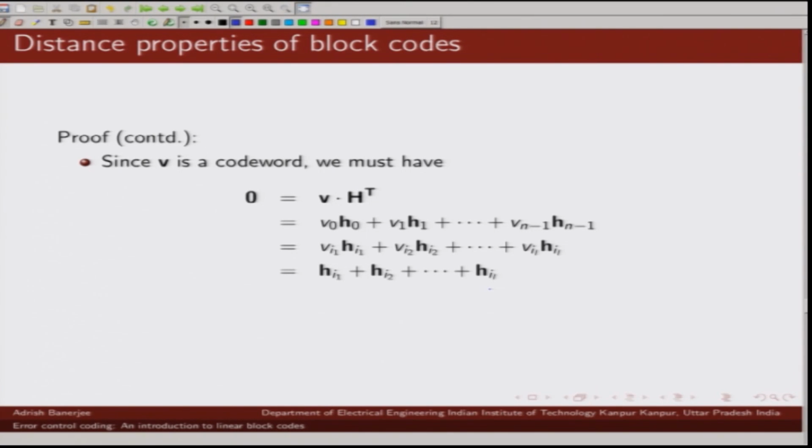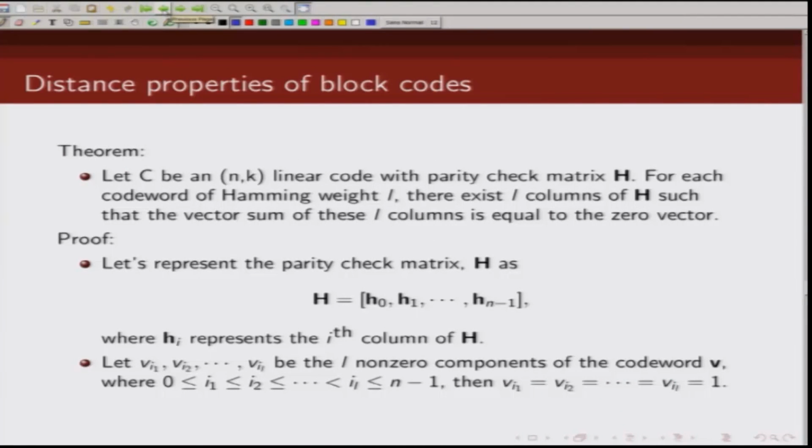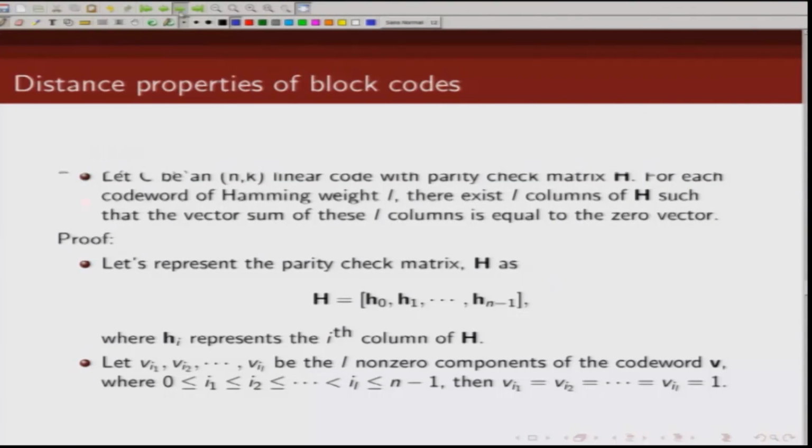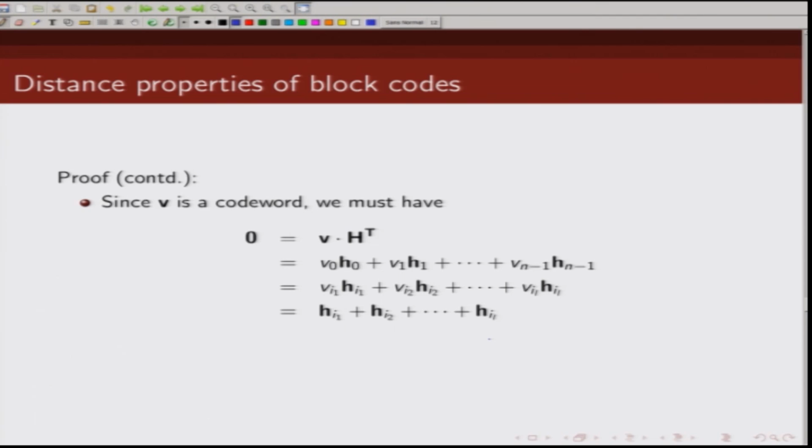It says that if we do the vector sum of these L columns of the parity check matrix, then their vector sum is 0, and that is what the theorem is about: for each code word of Hamming weight L, there exist L columns of the parity check matrix whose vector sum is 0. So, we showed that if L components of this code word V are non-zero, then this relation follows.